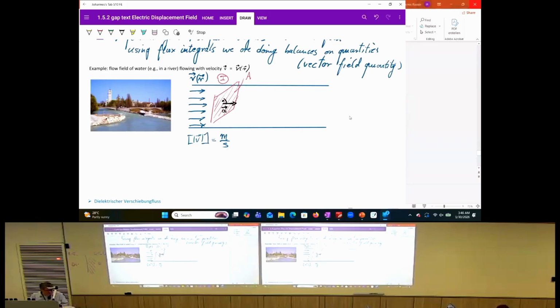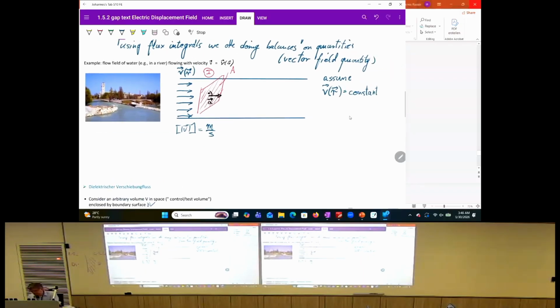The assumption that we have made is that this vector field is constant. That means it doesn't vary with a change of the spatial position, but it's also stationary and doesn't have a temporal variation. That means it is not a function of time.